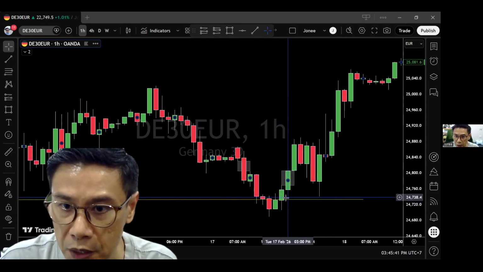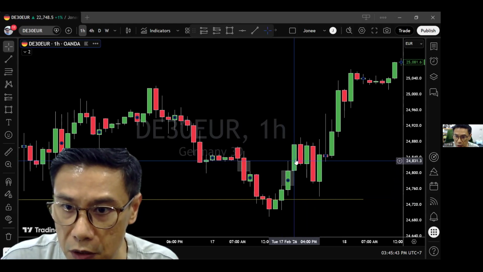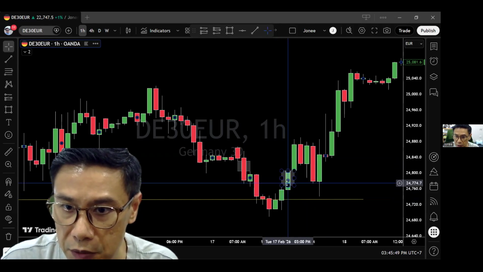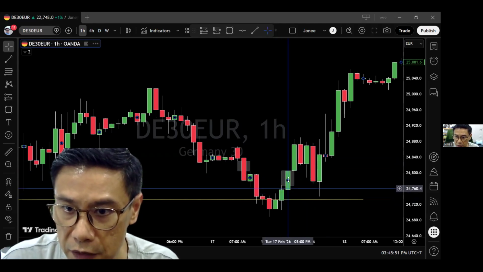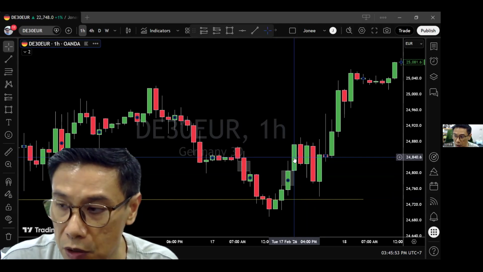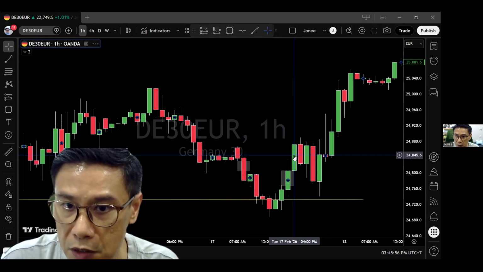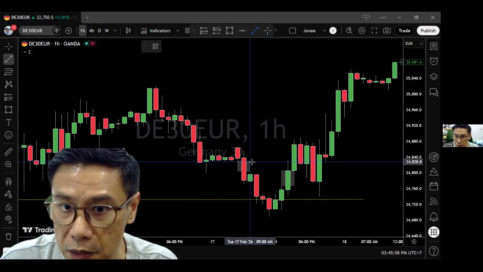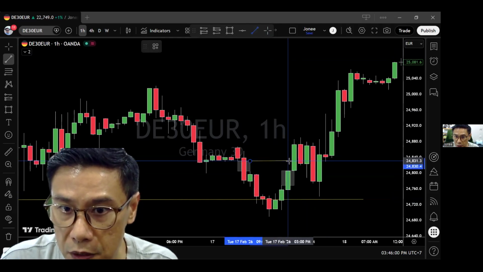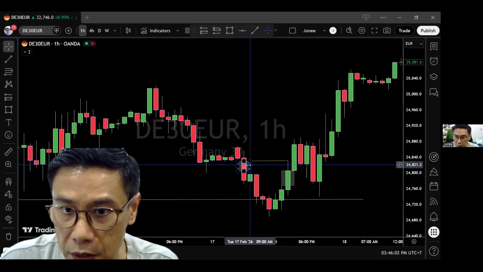But not only that, we want to make sure that the confirmation candle, this last candle right here, as you know, an FVG is formed by three candles. First one, the second one, which forms the FVG body, and the third one, which is the confirmation candle. This confirmation candle must close above the upper border of this bearish FVG.